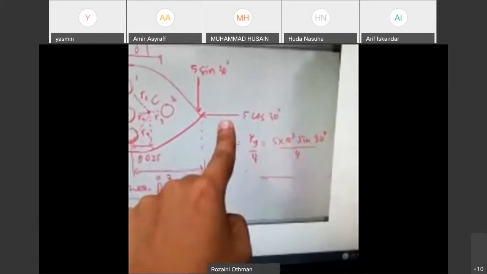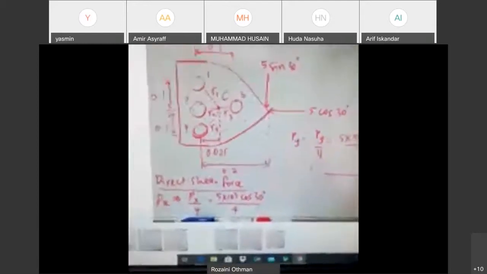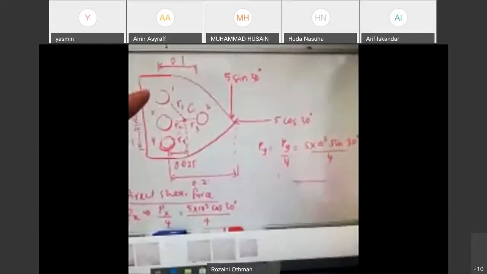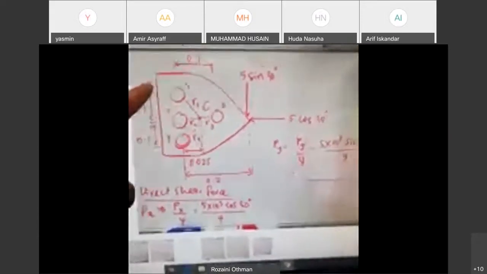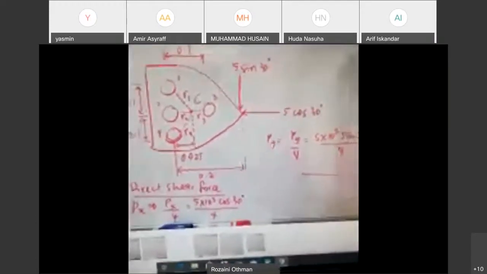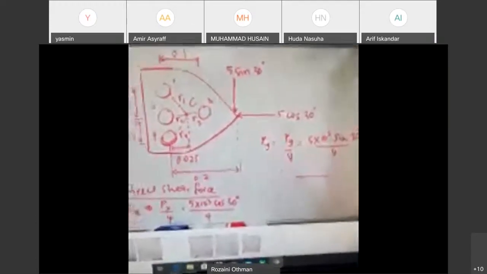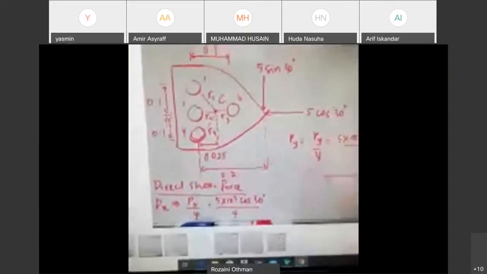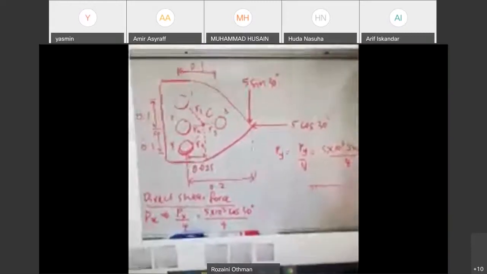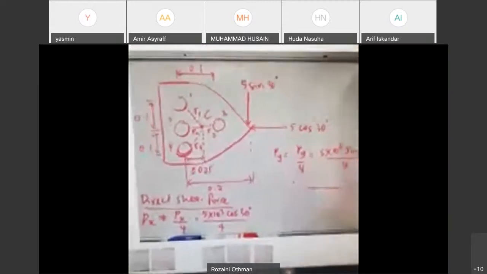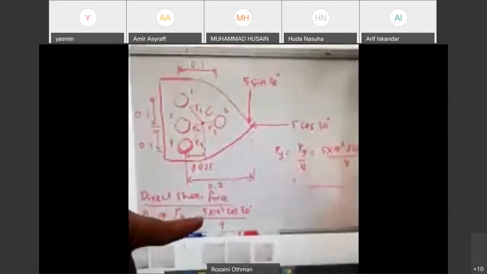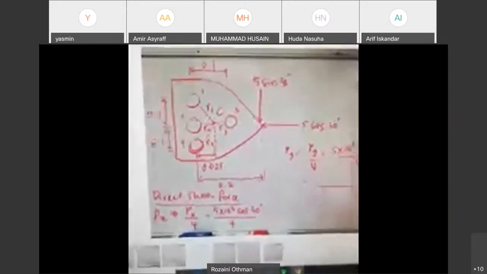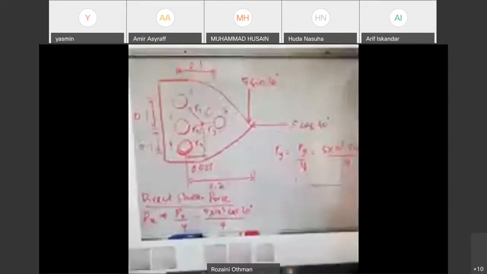So for direct shear force, you must remember that the reaction for each rivet must also have two. Right now we are talking about direct shear force. We are not talking yet about tangential shear force, we will determine that later.